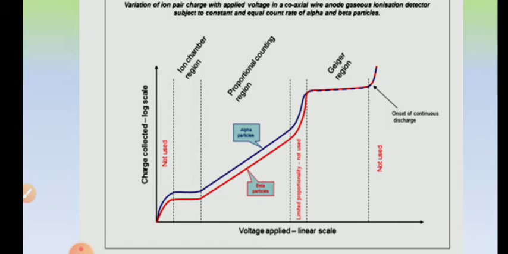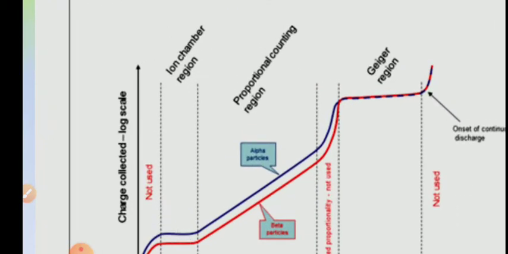These oppositely charged particles move towards the electrodes. Initially, the two can attract each other and reunite. So to prevent the reunion of positive and negative ions, a strong electric field is created which accelerates the particles towards the oppositely charged electrode. That is what happens in the ionization chamber region.